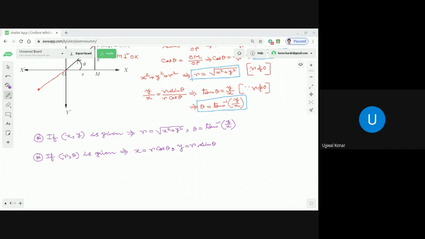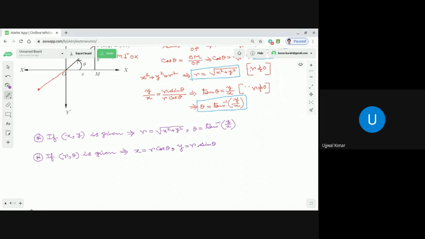Before we start discussing straight lines, which is the point of our discussion, we need to know a few important things about this Cartesian coordinate system. The first one is the distance between 2 points.